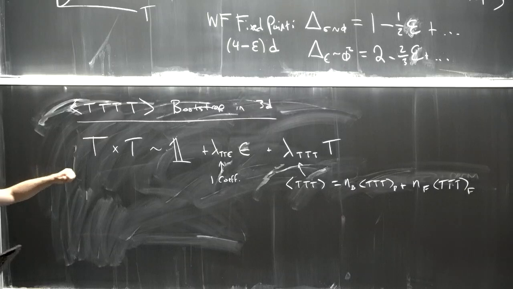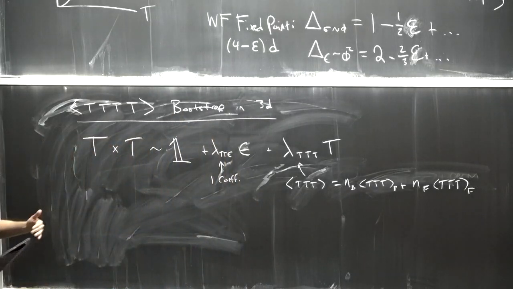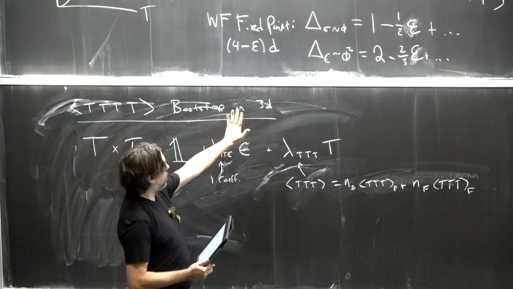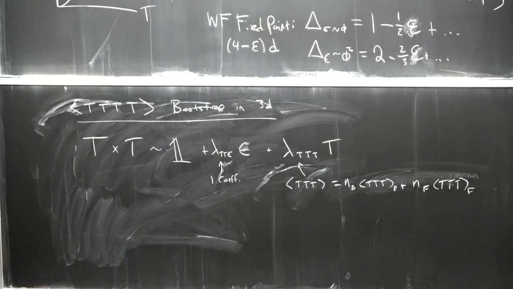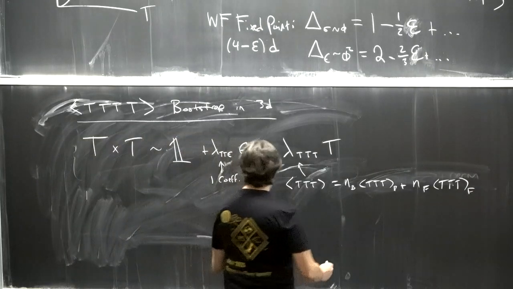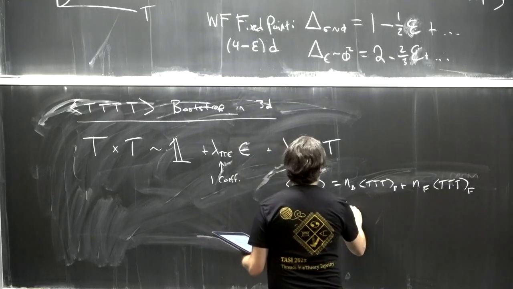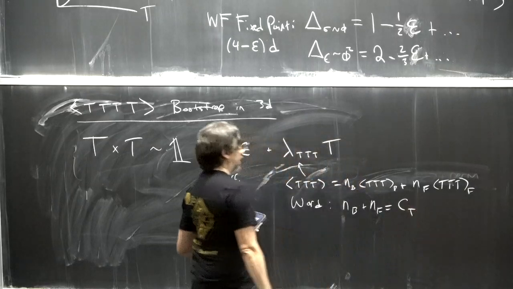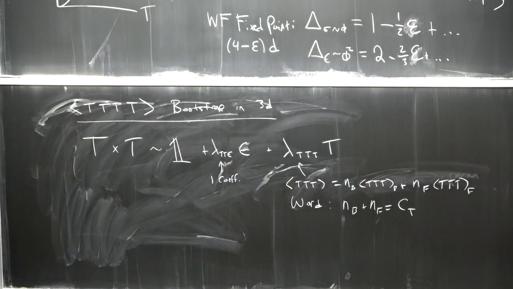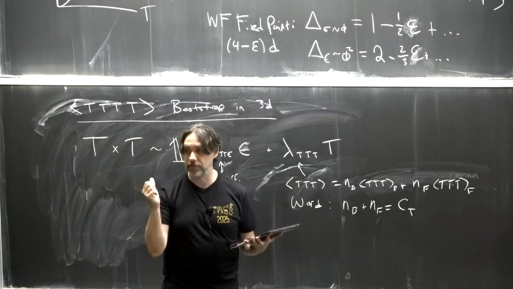There's no gauge field structure, but there is, in general, a parity violating structure. Here I'm going to assume that my theory has a parity symmetry so that that's absent. Okay, so there's two coefficients. There's also a Ward identity that tells you that the sum of these 2 coefficients is related to the central charge of the theory, where the CT is defined as the coefficient in the TT 2-point function.